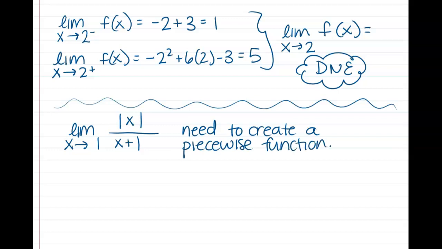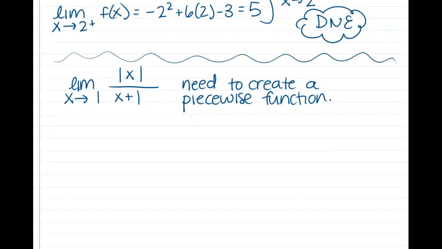And the reason we need to do that is because this function behaves differently when x is greater than 0 than it does when it's less than 0.